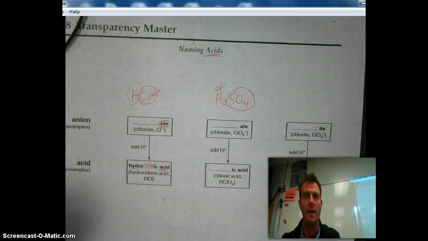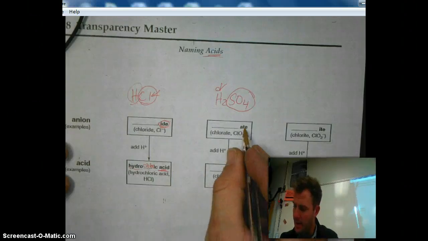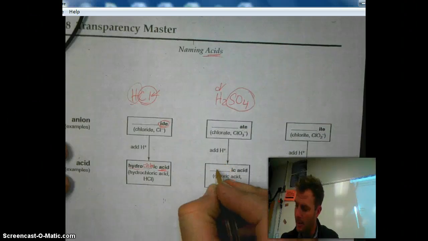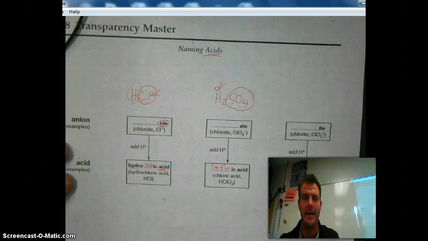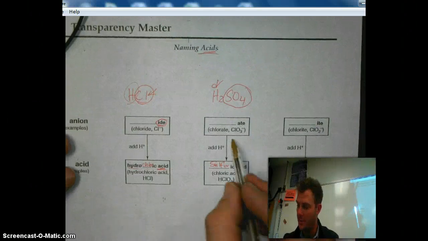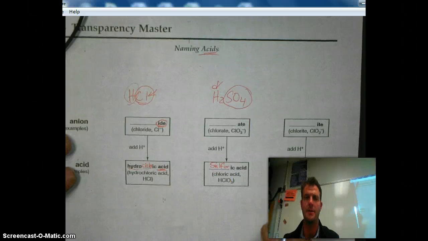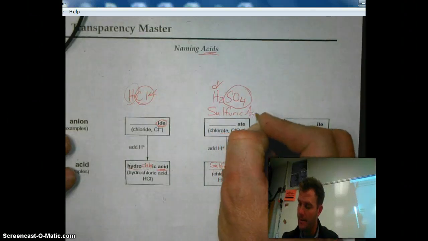We are going to take that root and add to it: the ATE gets changed to IC acid. So we would say sulfuric acid. Like in your example here, it's chlorate, so we're going to call it chloric acid.